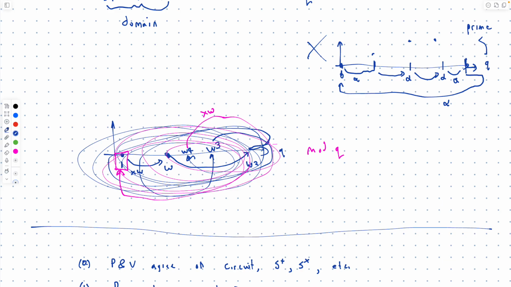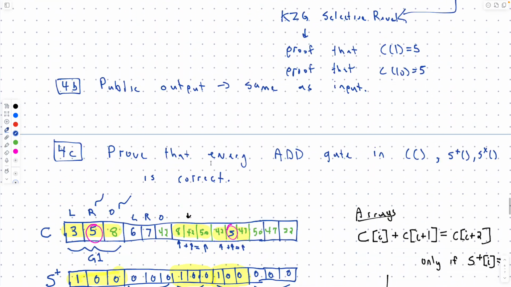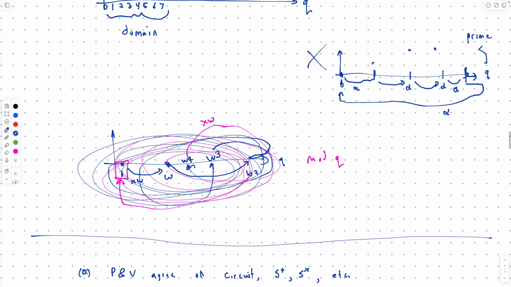Okay, so there's got to be a relationship between, so I drew this diagram, and what I didn't say was how many times do you multiply by omega before it wraps back to 1, right? So that's the order of omega.